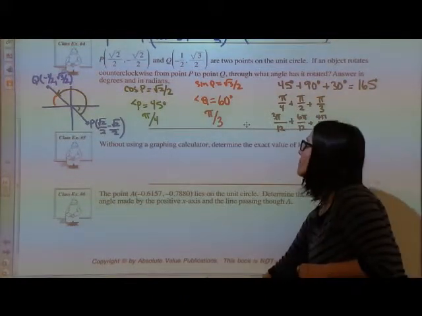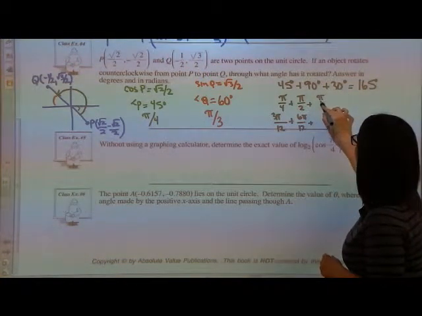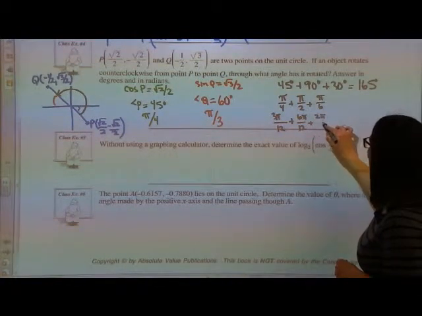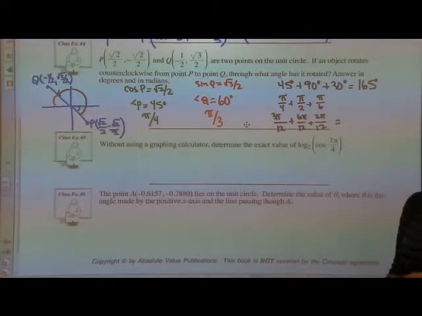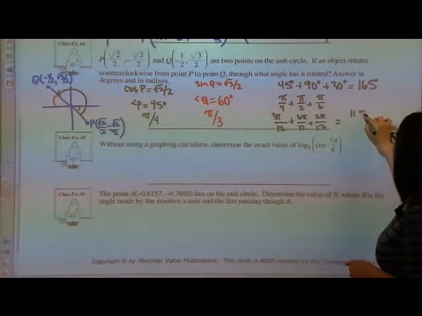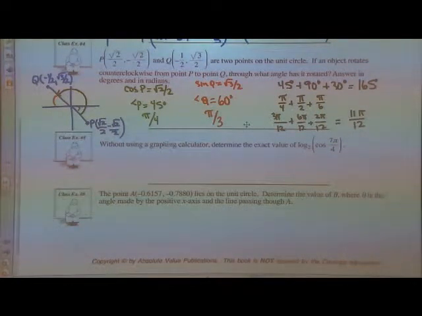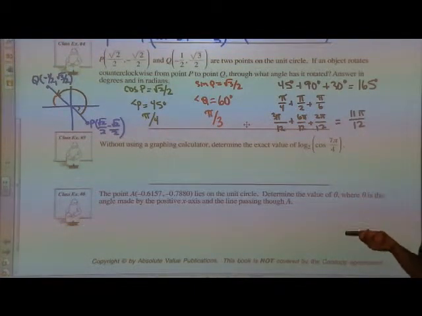Oh, because this isn't pi over 3. This is pi over 6, 30 degrees. So then this should be 2 pi over 12. So 3 plus 6 plus 2 is equal to... or I could take this 165 and change it into degrees, or change it into radians.